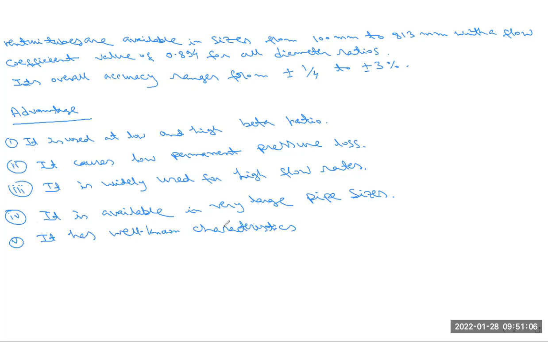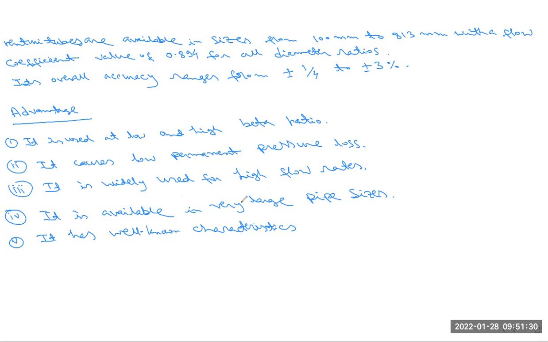First of all, you use this Venturi tube for the low and high beta ratio of the pressure. Number two, it causes low permanent pressure loss. Also it is used where high flow rates are available.